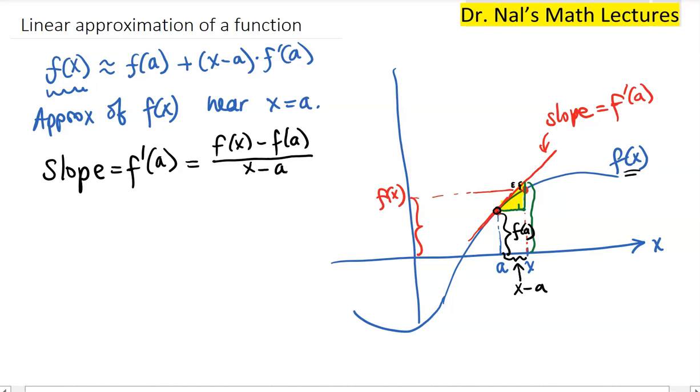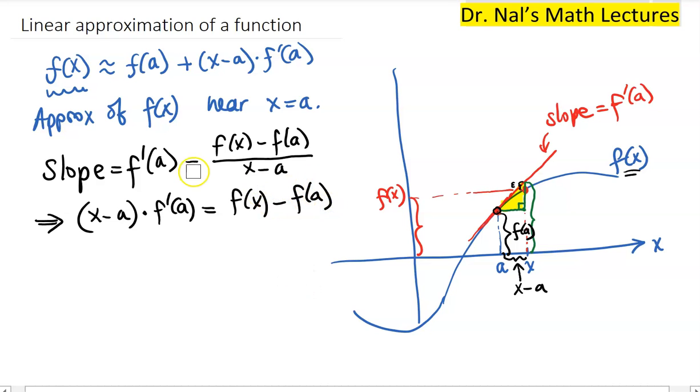Now we can take cross multiplication, so that would imply that x minus a times f prime of a is equal to f of x minus f of a. Well, actually, this is not an equal sign. This is just an approximation, so I need to clarify that. So let's put an approximate sign over there.